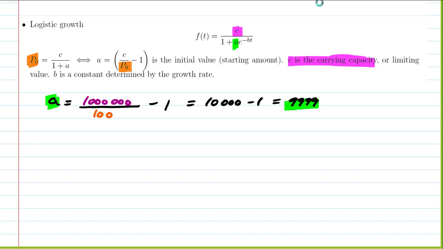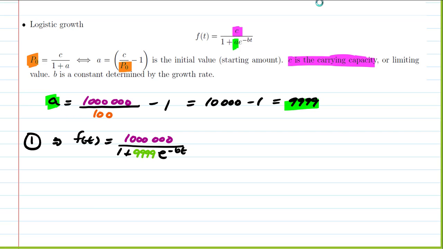So A equals 9,999, and we finally get for our step 1 then that f of t is equal to 1,000,000 divided by 1 plus our A, which is 9,999 times e to the negative bt.